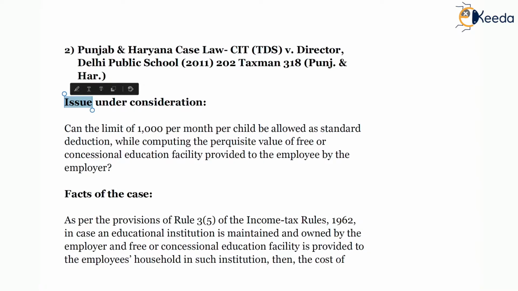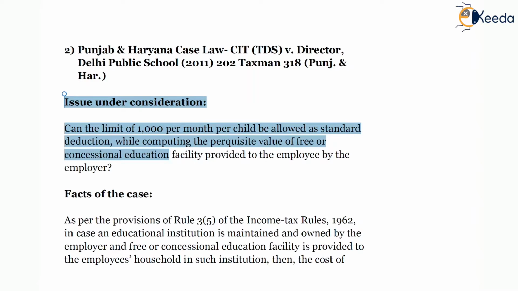On your screen, can the limit of 1000 per month per child be allowed as standard deduction while computing the perquisite value of free or concessional education facility provided to the employee by the employer?